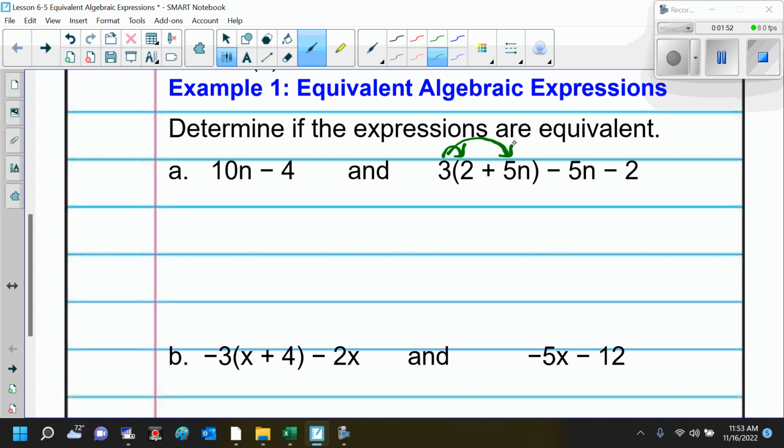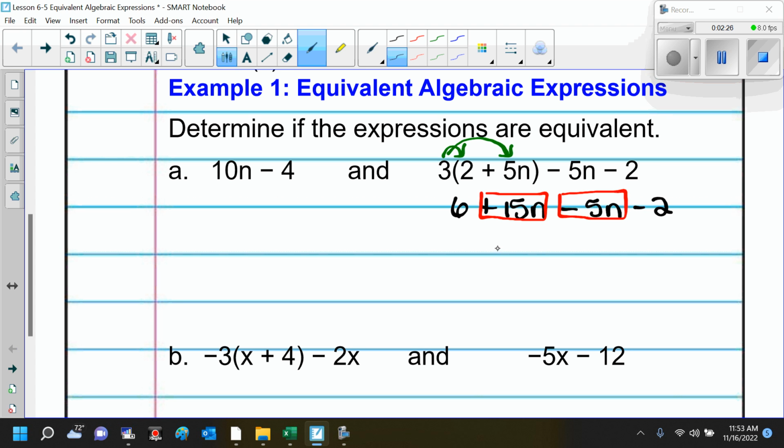Very good. So we've got positive 3 times positive 2 is positive 6. And positive 3 times positive 5n is positive 15n. And then we've got minus 5n minus 2. And now we can identify our like terms and combine. So we've got a positive 15n here and a negative 5n there. What does that give me?